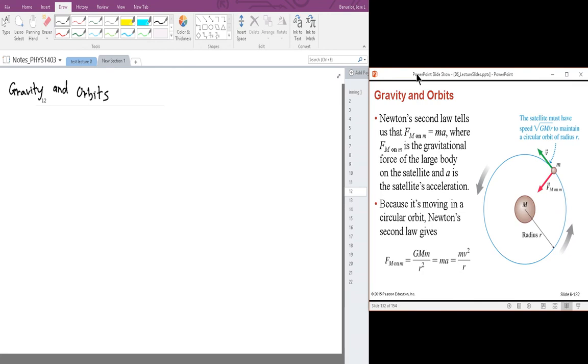Just as a little bit of review, we have our equation for Newton's second law, and the law of gravity is telling us that you have G times mass 1 times mass 2 divided by r squared.